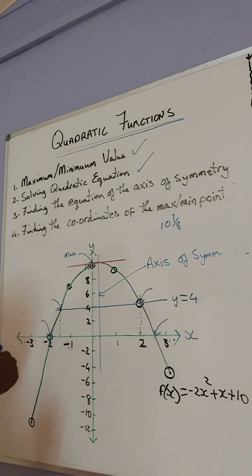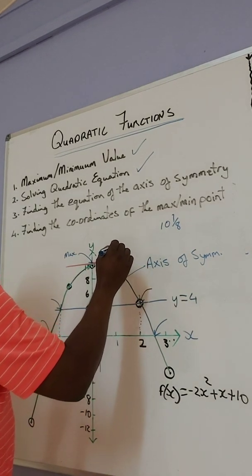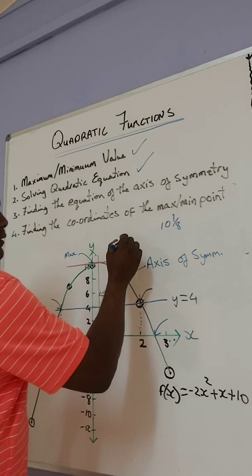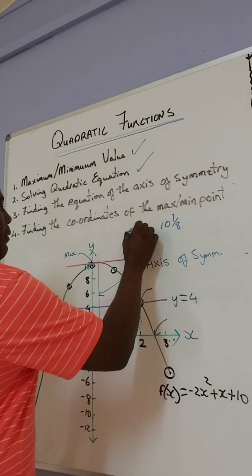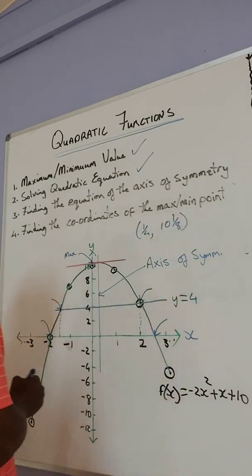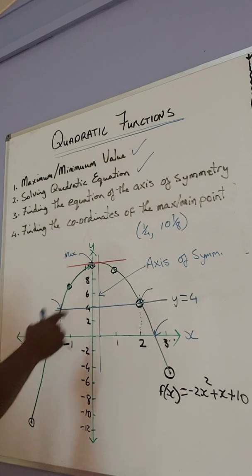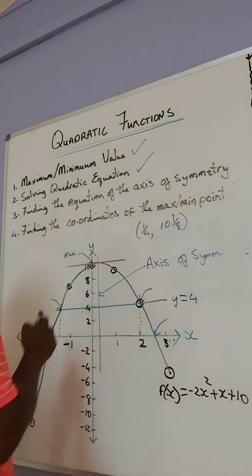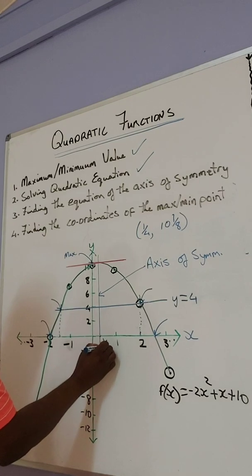That is to say, it would be at the point where x is equal to a quarter. And so therefore, the coordinates of the maximum point is 1/4, 10 and 1/8. Keep in mind, this point is equivalent to 1/4.